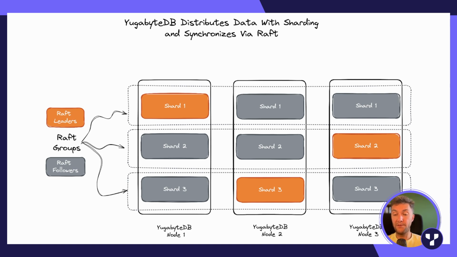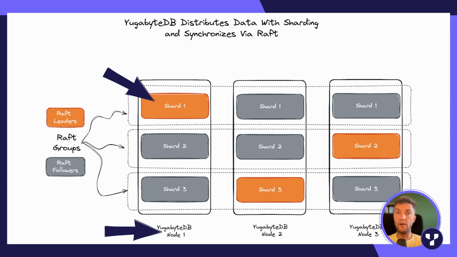So in this configuration, we have a 3-node YugabyteDB cluster, and all the data is sharded. So every shard is either a leader or follower of a Raft group. For instance, you have a shard number 1, and this is one Raft group. The leader of the group is node 1, which means that this shard and this node will be getting all of your application requests for the data that belongs to this shard.